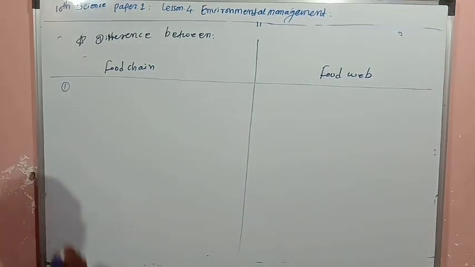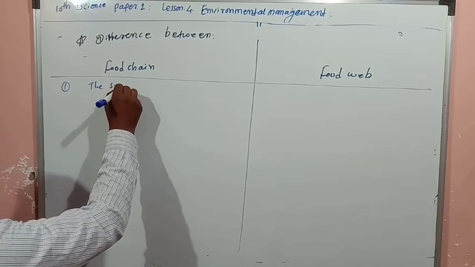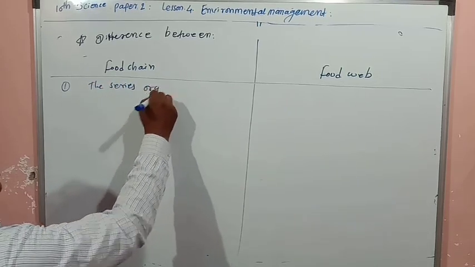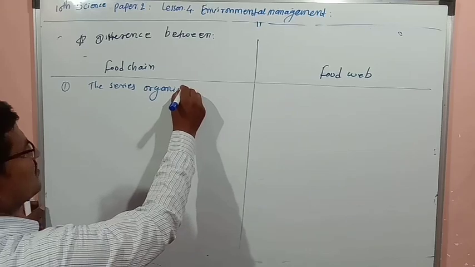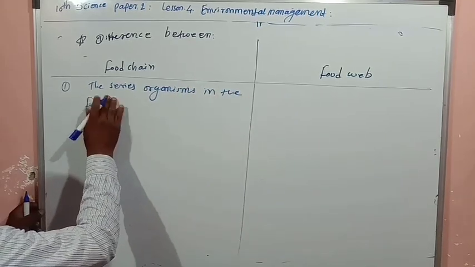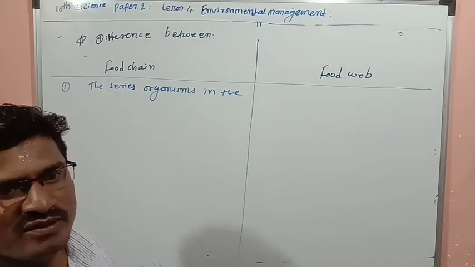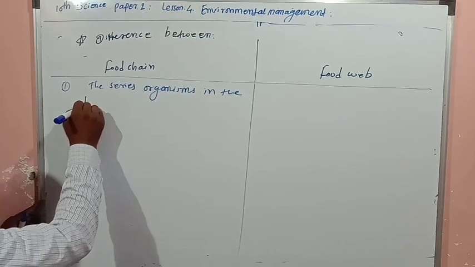So the first point: the food chain is the series of organisms feeding on one another.